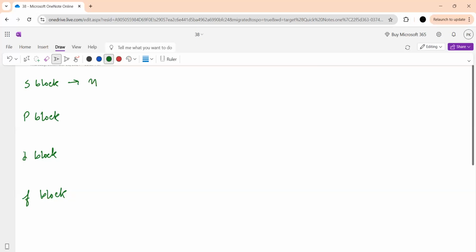This goes to ns 1 to 2. That means it either can be ns1 or it can be ns2.